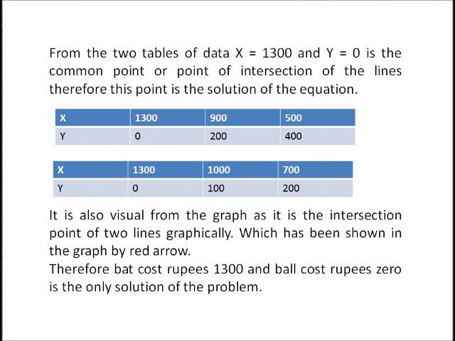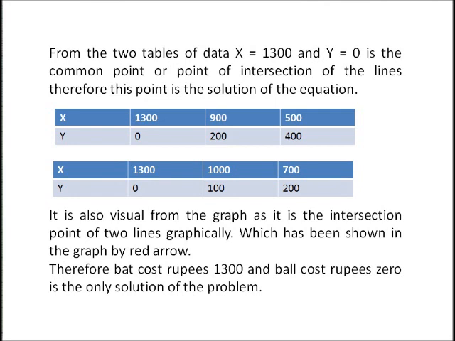From the two tables of data, x is equal to 1300 and y is equal to 0 is the common point or point of intersection of the lines. Therefore, this point is the solution of the equations. So these are two tables. You can observe that the first set of values in the first table is 1300, 0, and in the second table the first set of values is also 1300, 0.